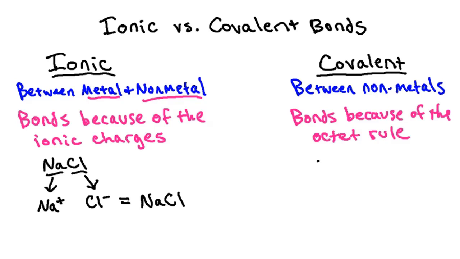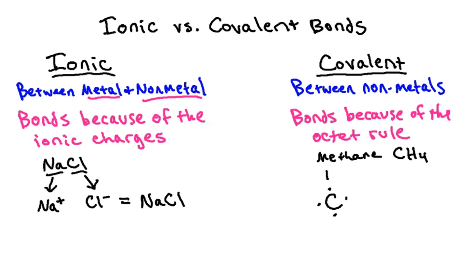So for instance, methane is CH4, and carbon has 4 electrons around it normally, but it wants 8 electrons in its outer shell.